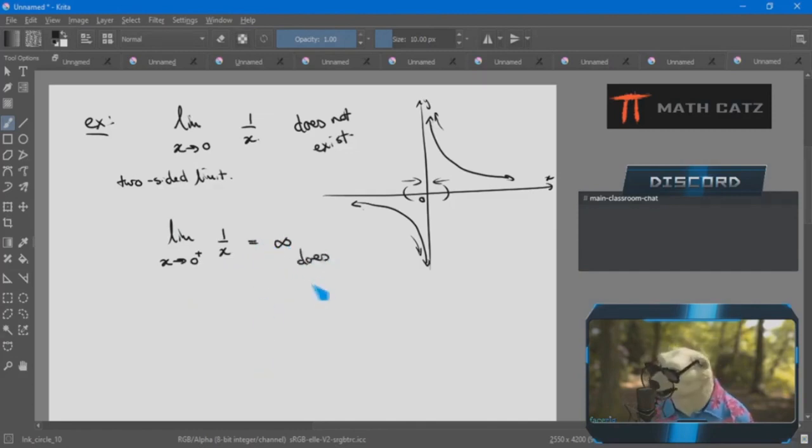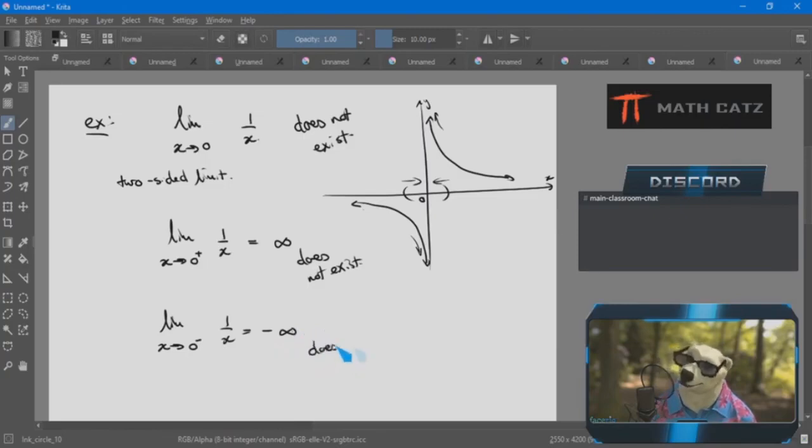Yes, it still doesn't exist because infinity is not a number, but at least I am able to say, in addition to not existing, that it blows up positive. And if I approach 0 from the left, it's going to blow up in size, but negative. Yes, still doesn't exist. Fine. But I'm able to say how it behaves. So in situations like this, where the behavior is not the same on each side, for the two-sided limit I can't say anything.